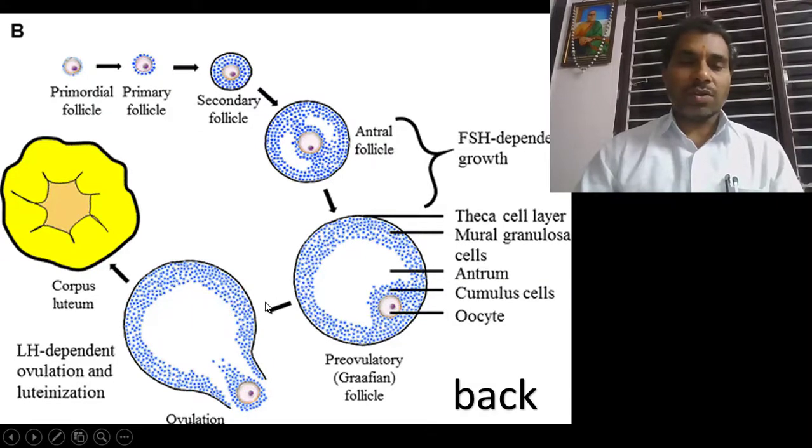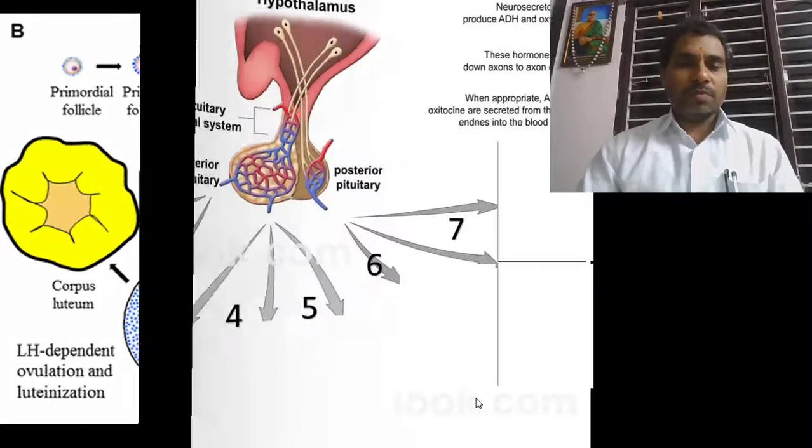It acts on the ovary, or on the Graafian follicle, to release the egg. That is called ovulation, right? The maturation of the Graafian follicle is controlled by FSH, and ovulation is controlled by the luteinizing hormone. So these are the FSH and LH functions in female.